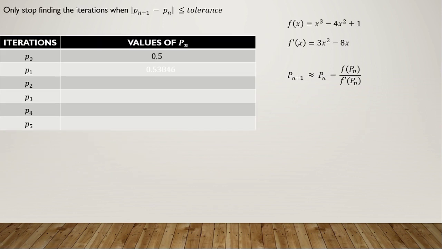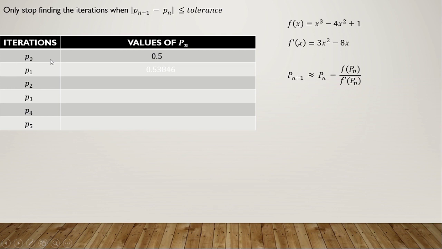Okay, so only stop finding the iterations when the absolute value of Pn plus 1 minus Pn is less than or equal to your tolerance. So you continue doing this until the absolute value of Pn minus Pn minus 1 is less than or equal to your tolerance, right?